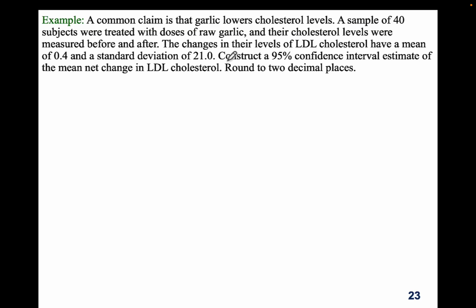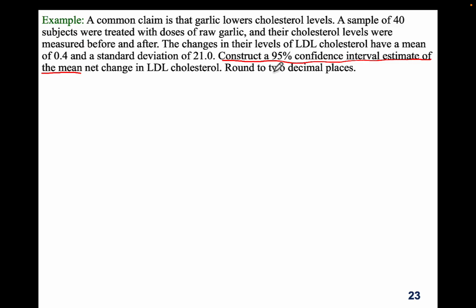All right, so our task is to construct a 95% confidence interval estimate of a mean. So we'll have to open StatCrunch and decide if we're going to run a program based on the data or a summary of the data. And it's obvious we don't have the data.